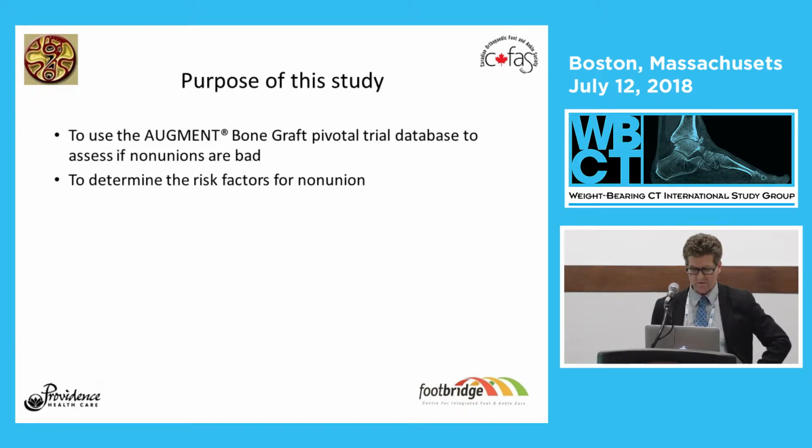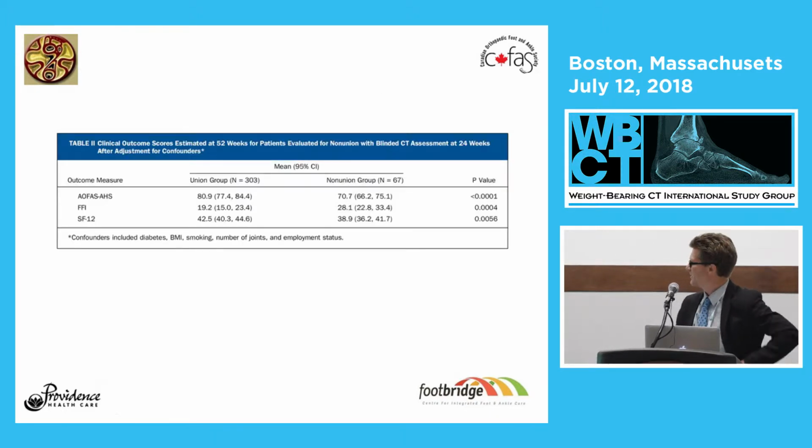If you look at these groups, we can see here that the non-union group by CT at 52 weeks, a blinded assessment, showed significantly worse scores for the AOFAS, the foot function index, and the SF36. So if we just went by CT and they were determined to have a non-union, i.e. less than 25% bone healing, then they did badly.